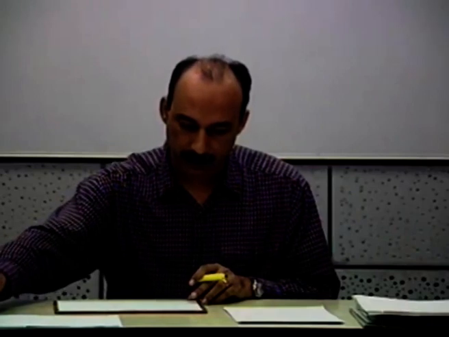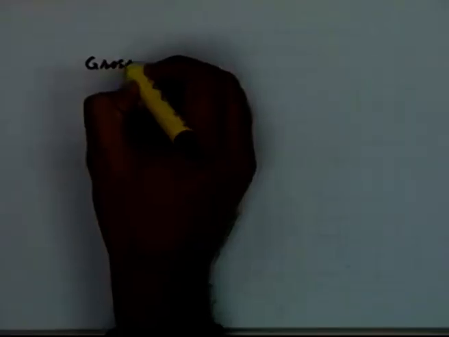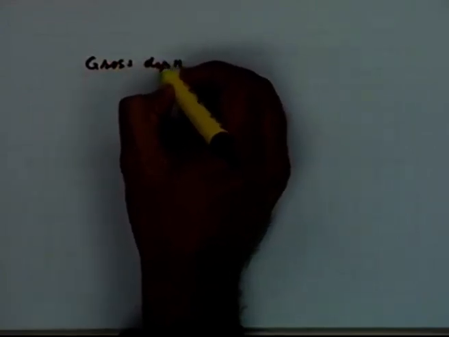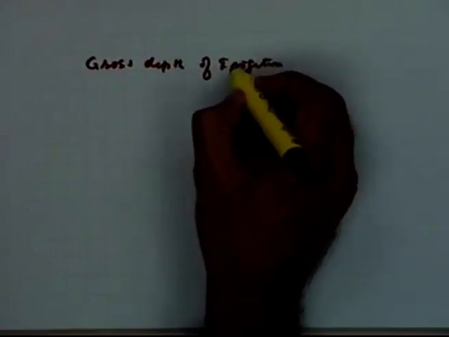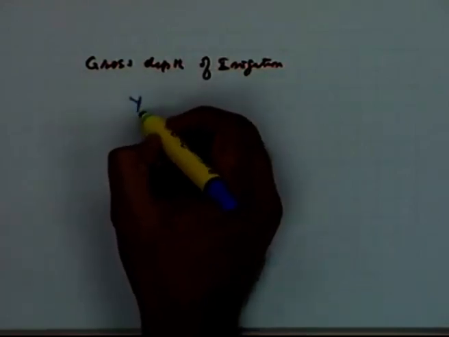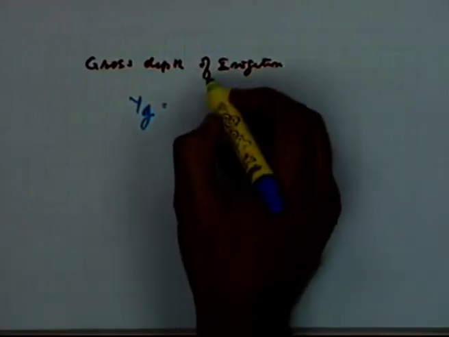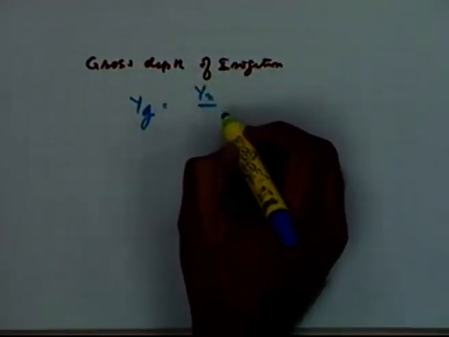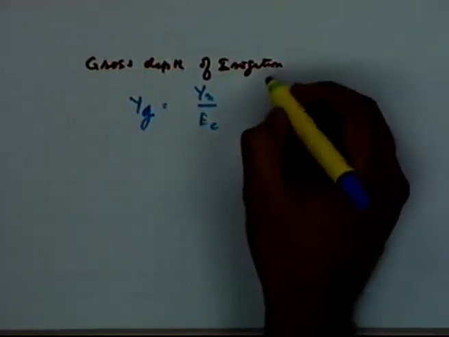Now this combined efficiency can be used to compute the gross depth of irrigation. The gross depth of irrigation, if we call it YG, is net depth divided by the combined efficiency.